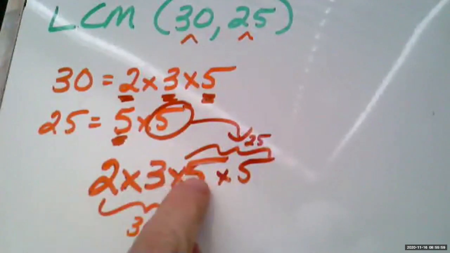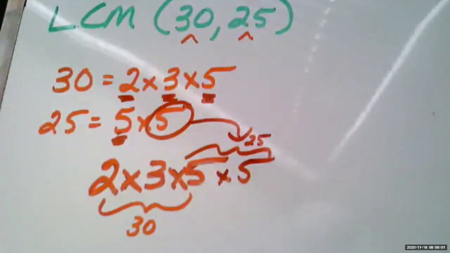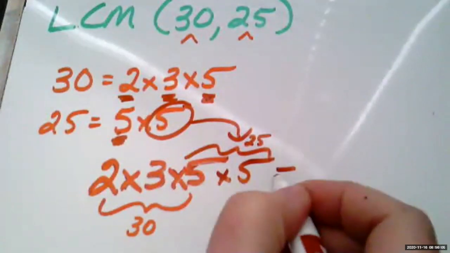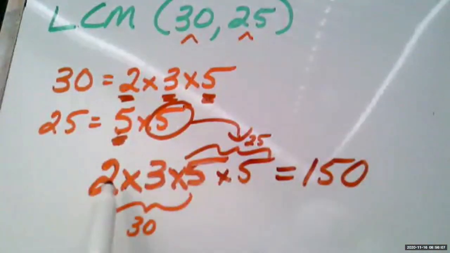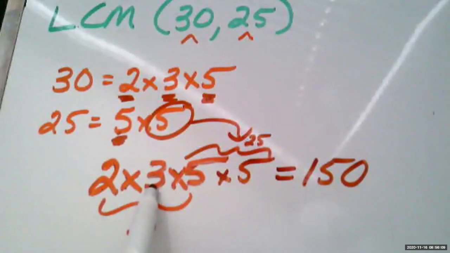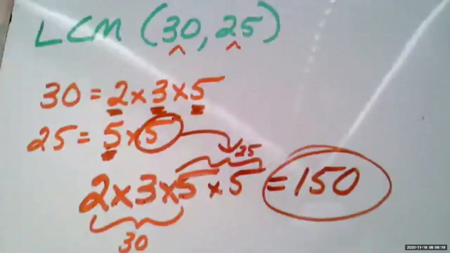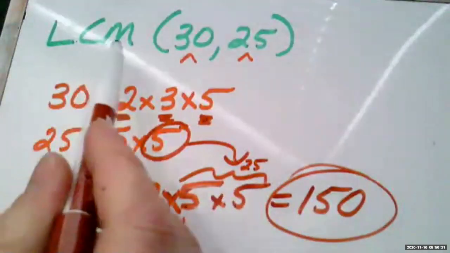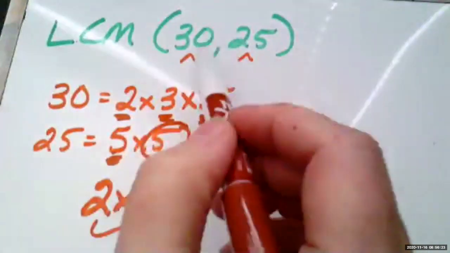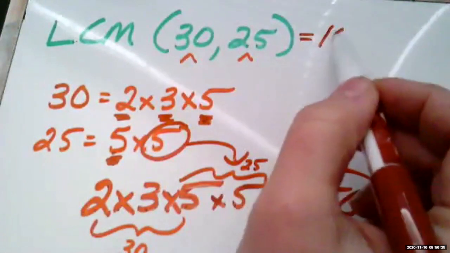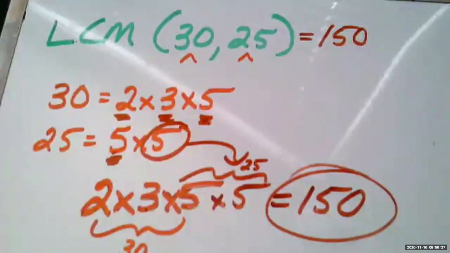When you multiply all 4 of these prime numbers together, you do get 150, because 2 times 3 is 6, and then 5 times 5 is 25. 6 times 25 is 150. Final answer, 150. So the least common multiple of 30 and 25 is going to be 150.